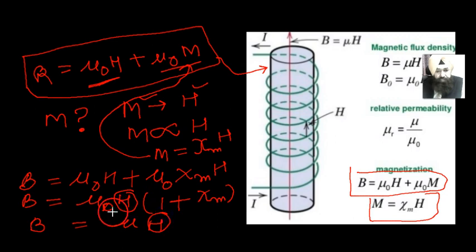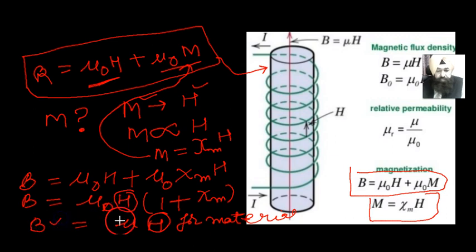Now B is also, if there is a material of permeability mu, H induces its effect in that material, and that becomes B simply.